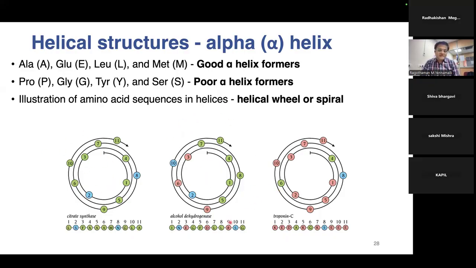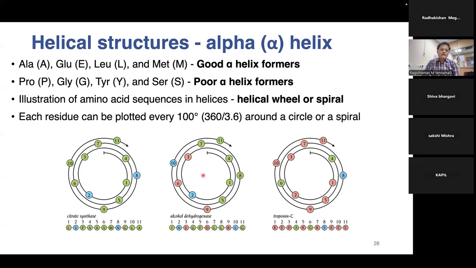There is an imaginary axis, as you can see with the laser pointer. This part is hydrophobic, this part is hydrophilic. Oh, sorry, I'm saying it the other way around. This is hydrophobic, this is partially hydrophobic and hydrophilic. This one is completely hydrophilic because you have more positively charged residues all over the helix.